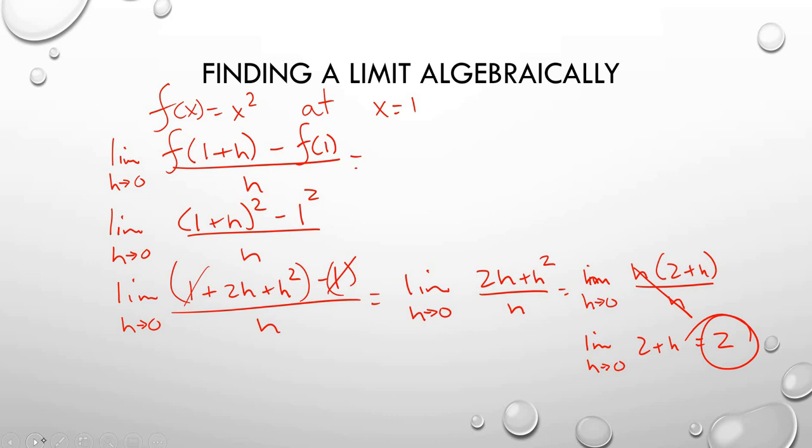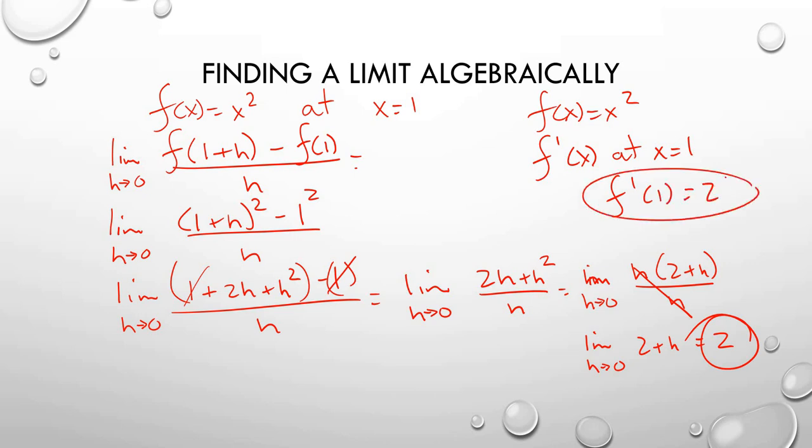So now I know that if I start with f of x equals x squared, the derivative, f prime of x, at x equals 1, in other words, f prime of 1, is 2. So I can find my derivative, or my slope of the tangent line. That's what this means, the slope of the tangent line. I can find that at a given point using algebra.